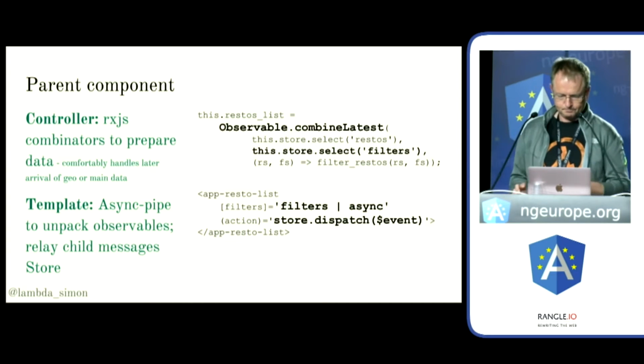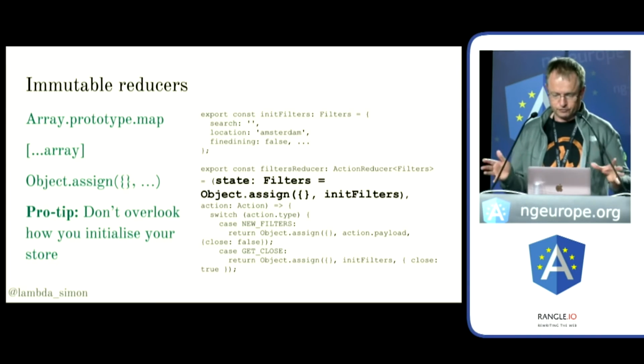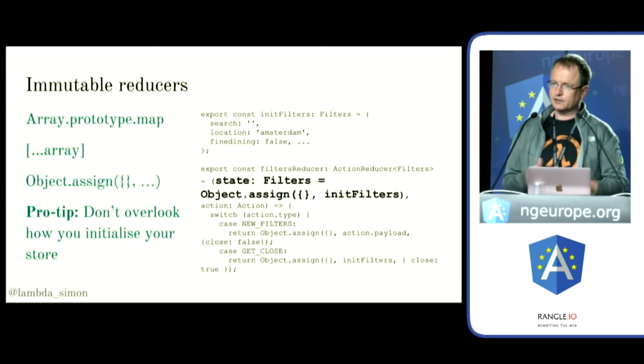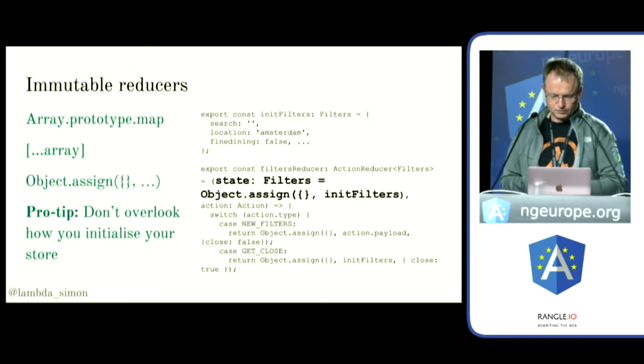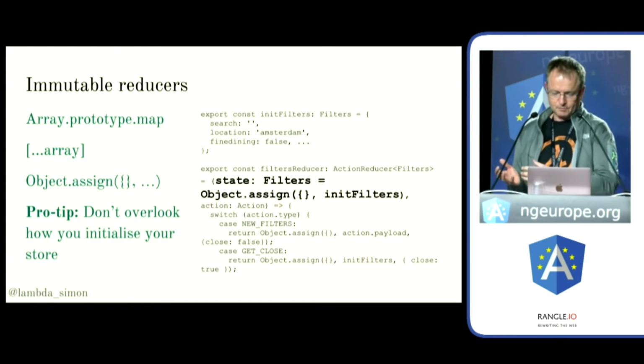So we've got our store, we're going to have our reducers that operate upon it. Those reducers are going to be returning immutable data, so we're going to be using array.map, object.assign and things like that. One little trap that I did fall into was that I had a default set of values for the filters that the user might use. Initially, I just made the state equal to that when I started.